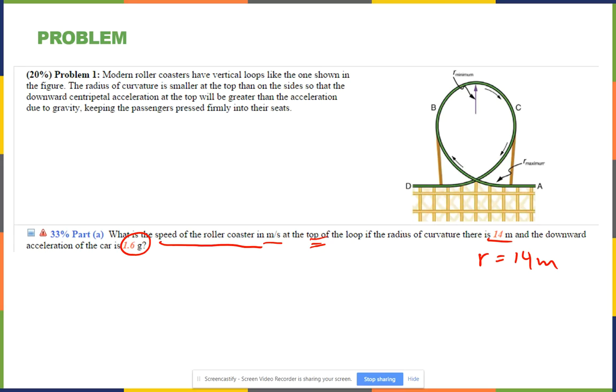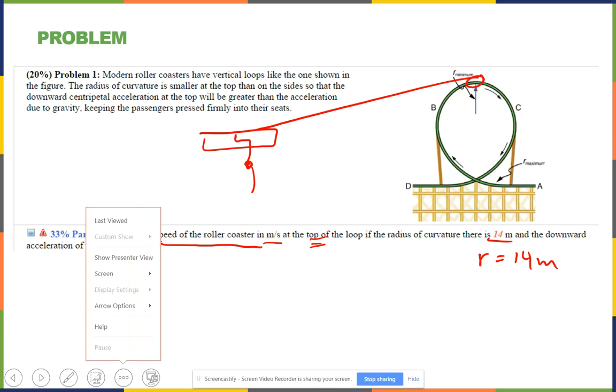Well, let's look at a free body diagram of the person in a roller coaster car. So you're up at the top. Here's the car. Here you are with your hands up because you're that kind of person. Of course, you're that kind of person.